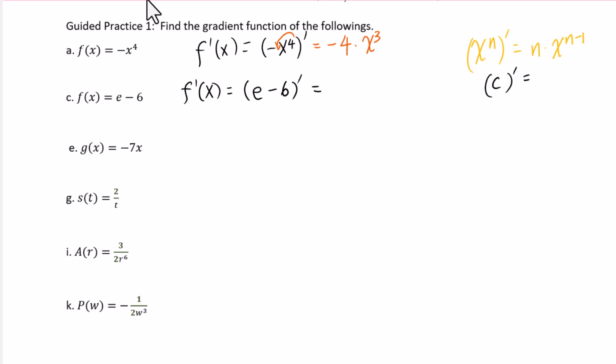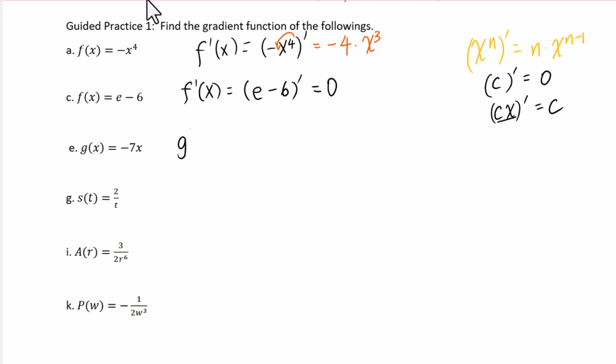C prime equals 0. Cx prime equals c, because the slope of a linear function equals the slope of its tangent line.